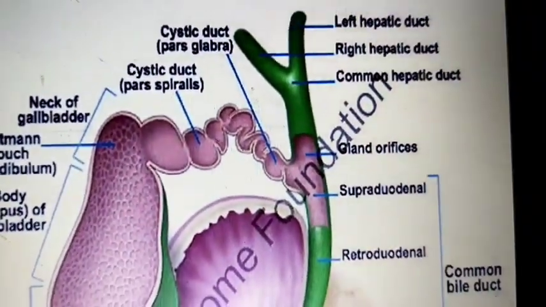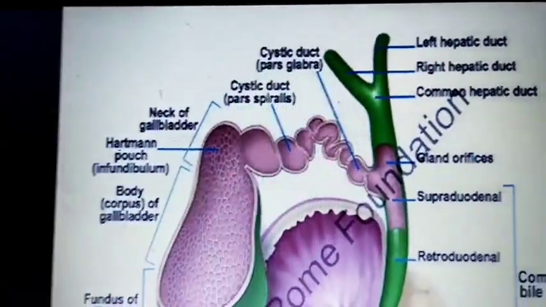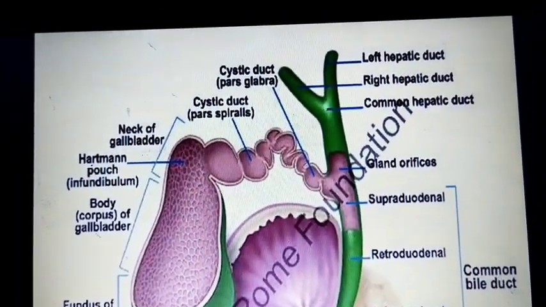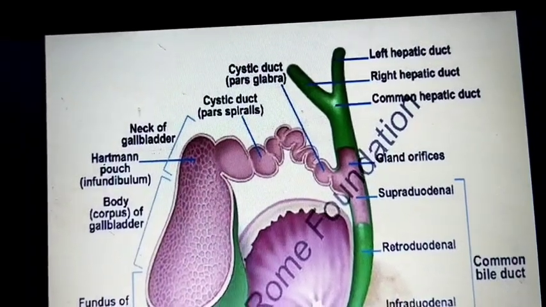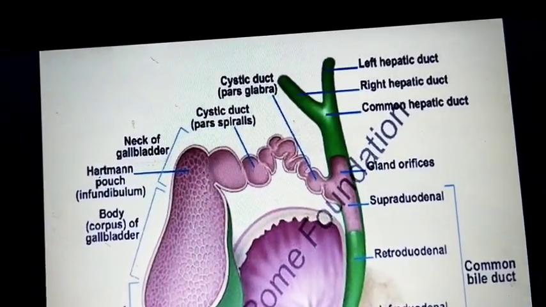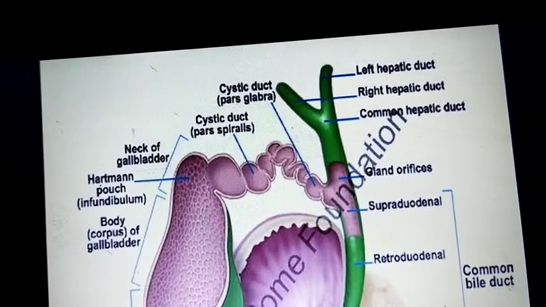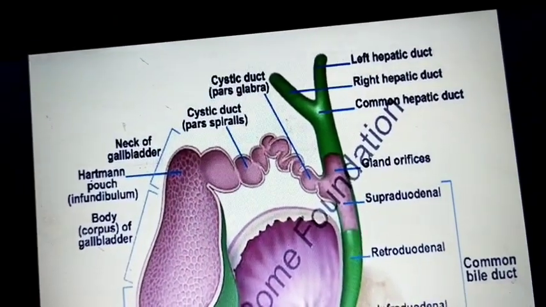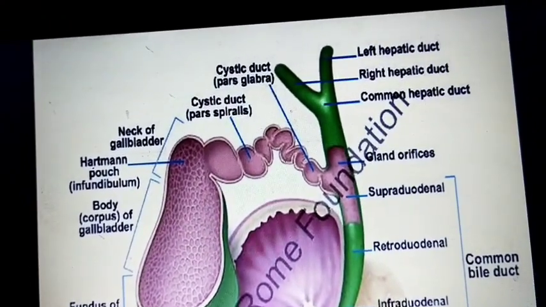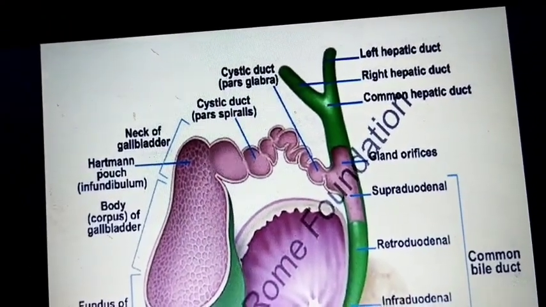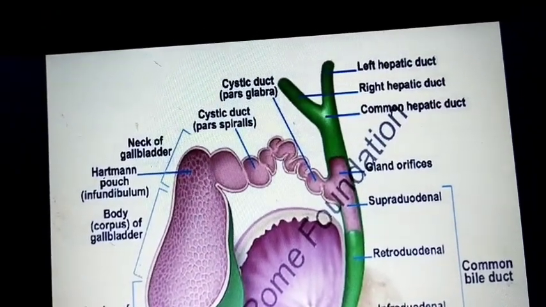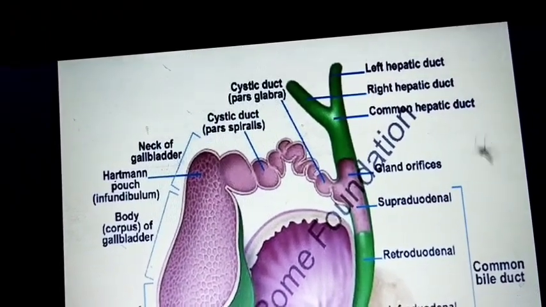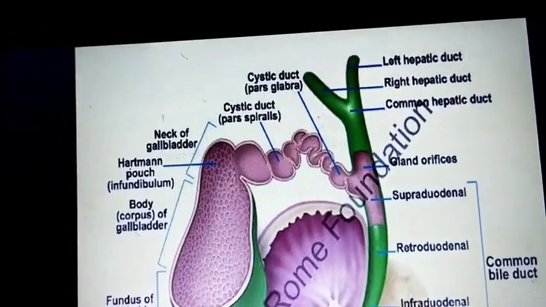Okay, now we can go for the anatomy of the cystic duct. The cystic duct connects the gallbladder to the common bile duct, or rather the cystic duct joins with the common hepatic duct and continues as the common bile duct. Cystic duct is 4 cm in length. The very important thing about the cystic duct is the mucosal folds. There are spiral mucosal folds, like a spring.